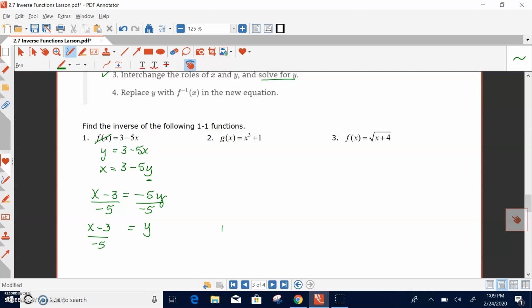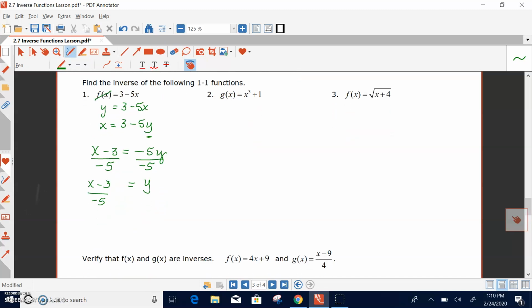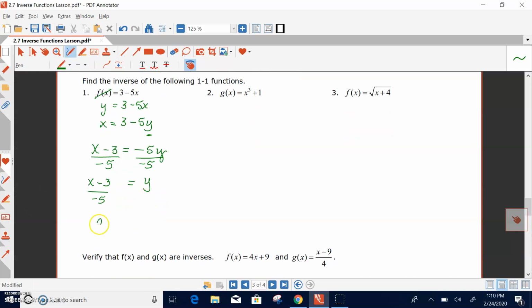Not too bad. And the final step is to replace that y with f inverse of x, because once you solve it for y, you have found the inverse. Okay, so I'm going to replace this y with f inverse of x. So f inverse of x is equal to x minus 3 over -5.